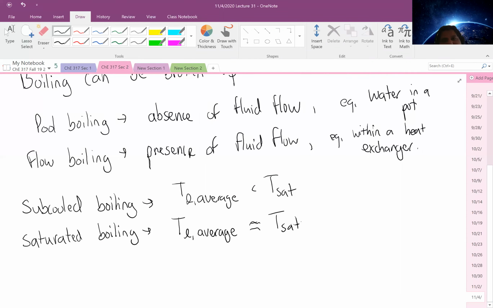And so depending on the characteristics of our system, whether it's pool boiling, flow boiling, subcooled, or saturated, we can expect differing behavior associated with the rate of boiling, as well as the anticipated heat flux and heat transfer within that system.